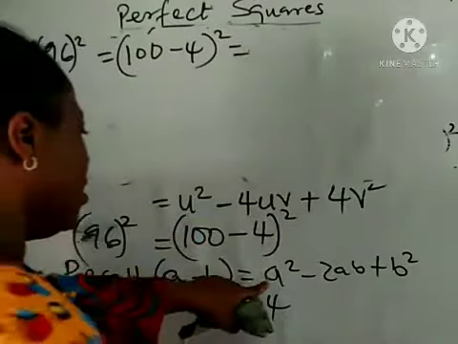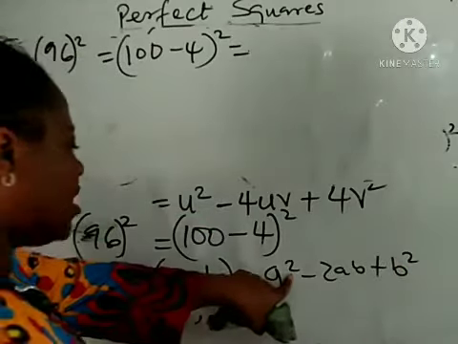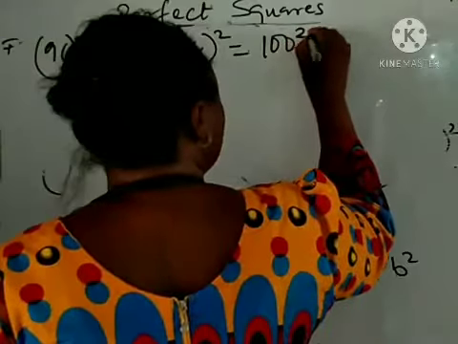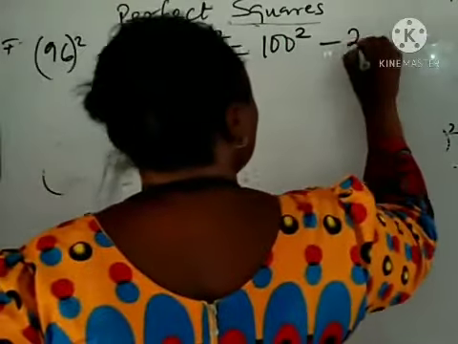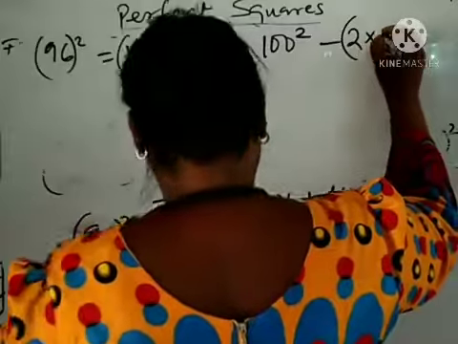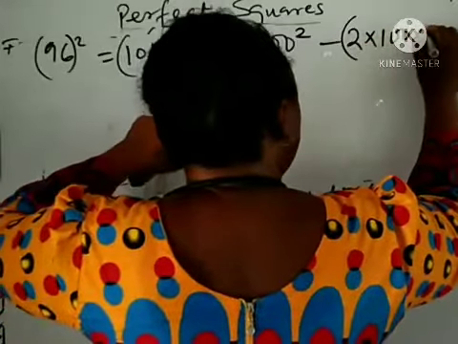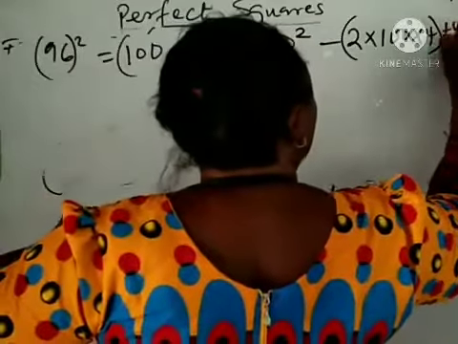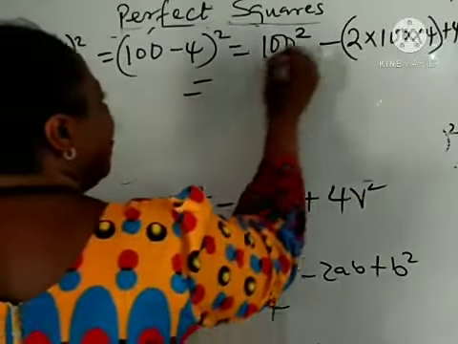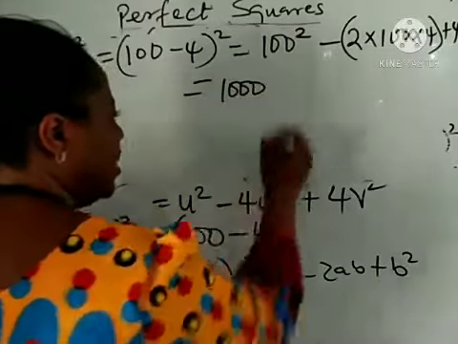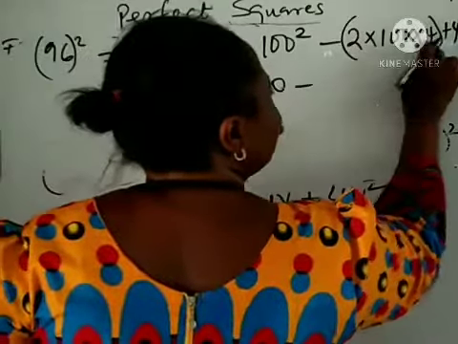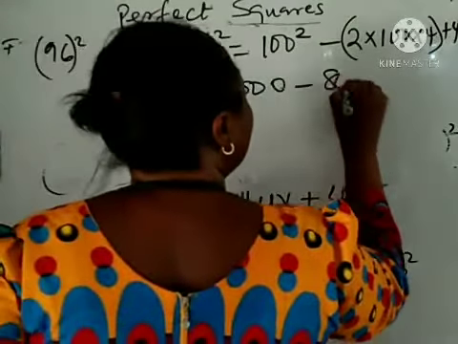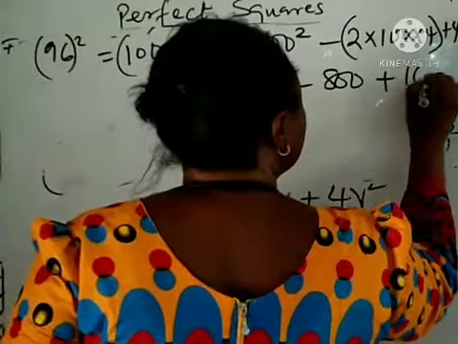Will now give me, I've asked them to recall, A square. What is my A here? 100. That is 100 square minus 2 times 100 times 4 plus, what's my B square? 4 square. So here I now have 10,000, isn't it? 2 times 4, 8, times 100 is 800, plus 16.